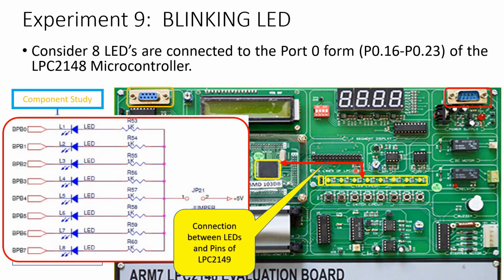The circuit connection between the LPC2148 and LED is here. LED 1 to LED 8 is connected to pin 16 to pin 23 of port 0 of the LPC2148 microcontroller.